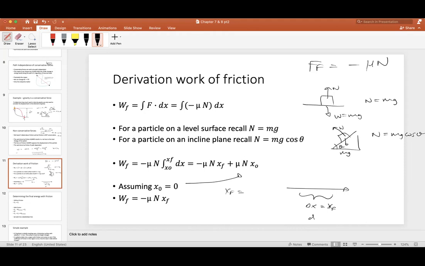You might want to call it h, for the y direction. It's really up to you. Just make sure you're clear that the work done by friction depends on the force, mu n, and the displacement, d or x final or change of x or whatever you want. And it's always negative. It's always pulling energy out.